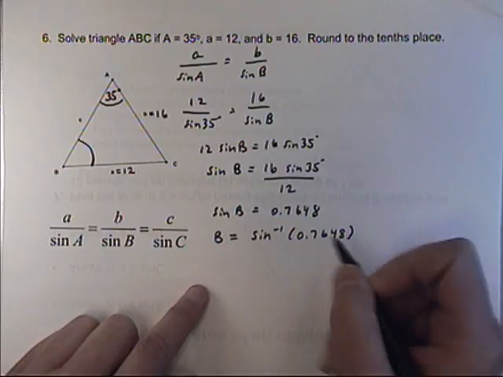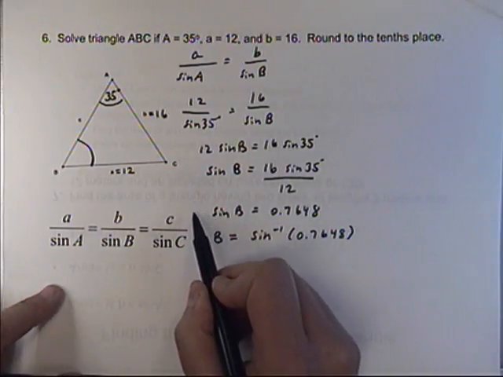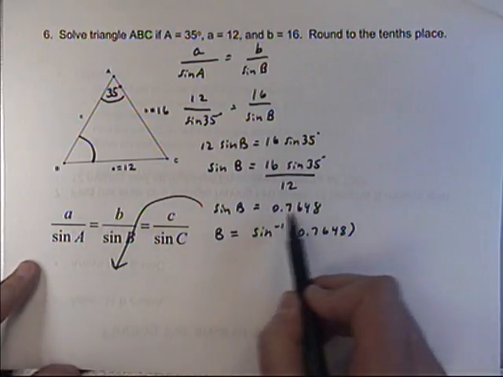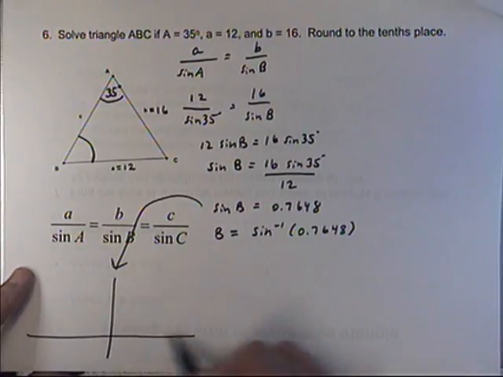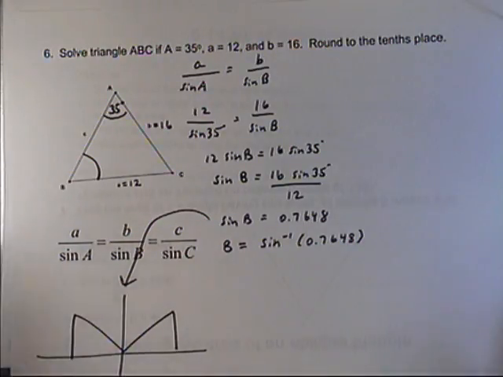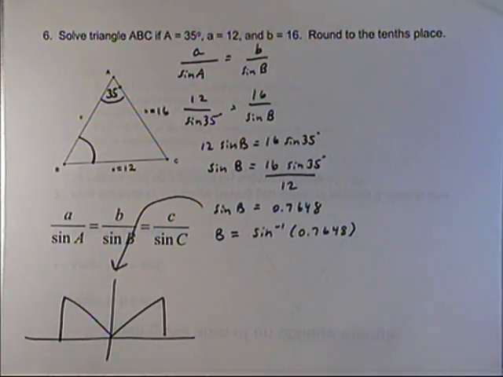0.7648. Now remember that sine is like y, and y is positive in quadrants 1 and 2. So, which one is the calculator going to give me? It's going to give me the first quadrant answer every time.